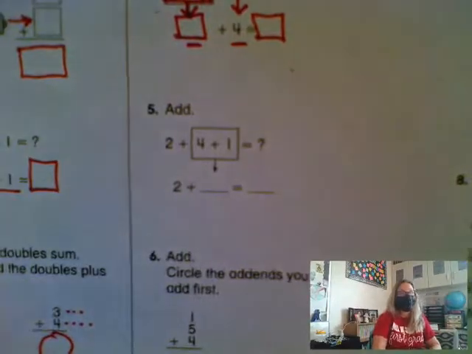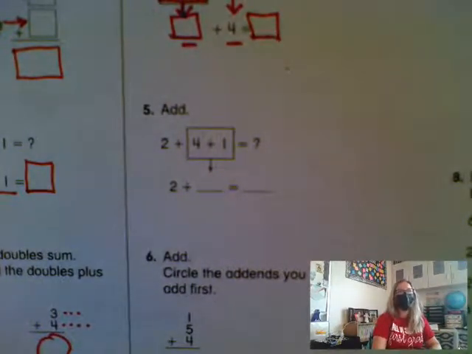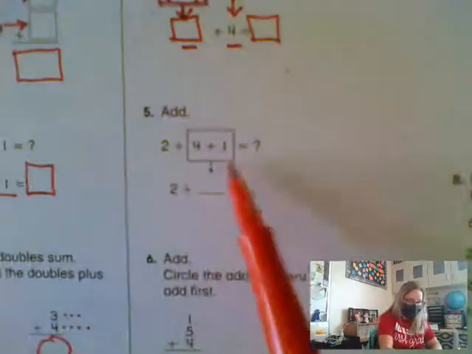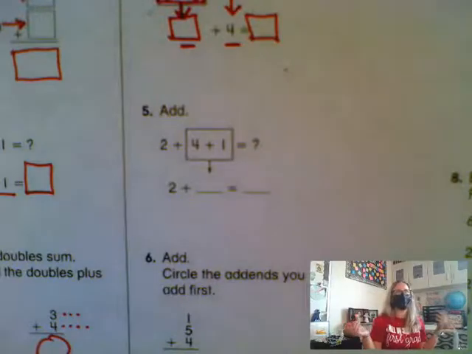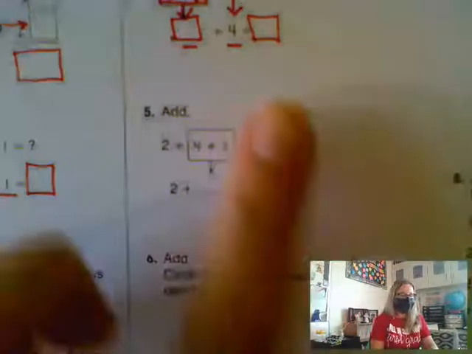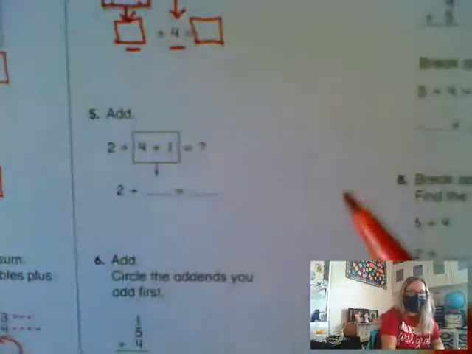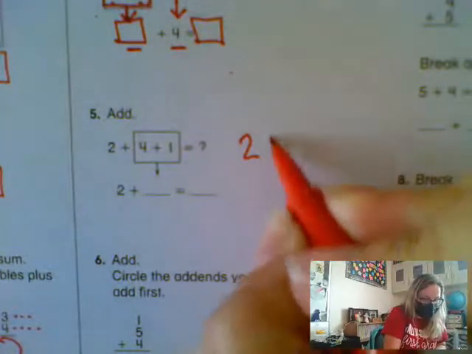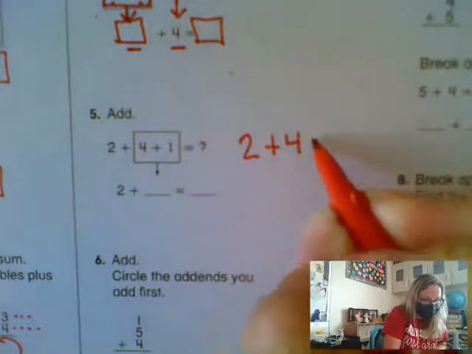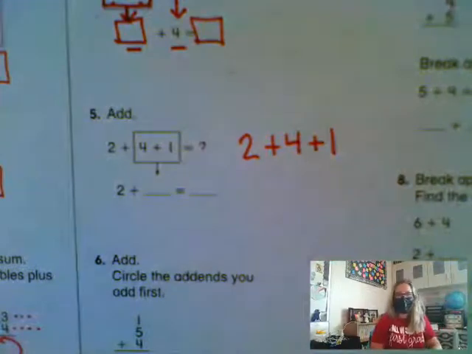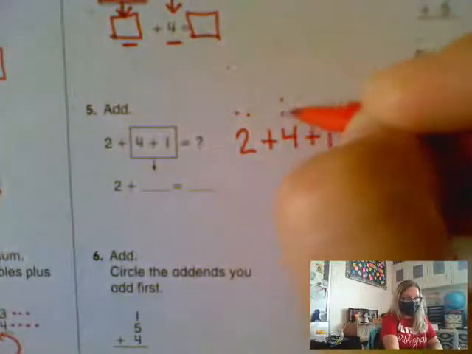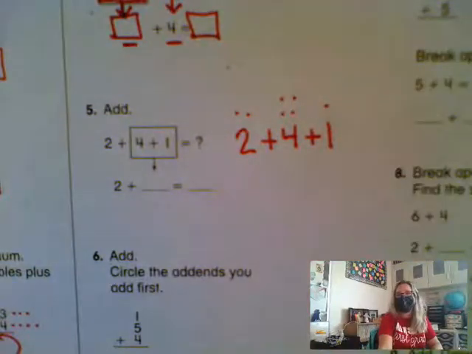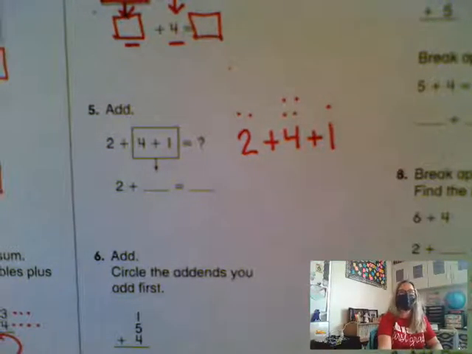Looking at number 5, don't let this box that they drew here confuse you. Okay, I feel like some of you see that box there and all of a sudden you're like totally confused. I don't even know what this is. Pretend the box isn't even there. They're asking you 2 plus 4 plus 1. That's what they're asking. So you can draw out 2 plus 4 plus 1. Count them up and write your total.